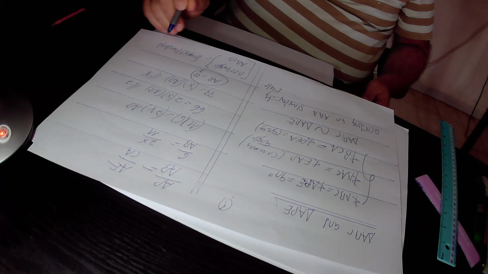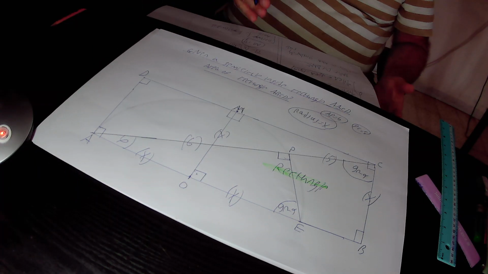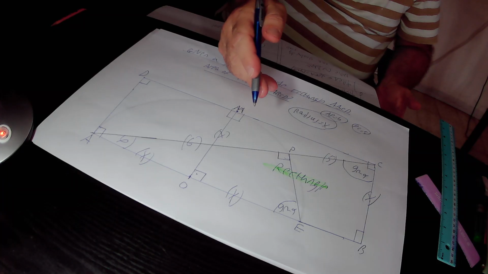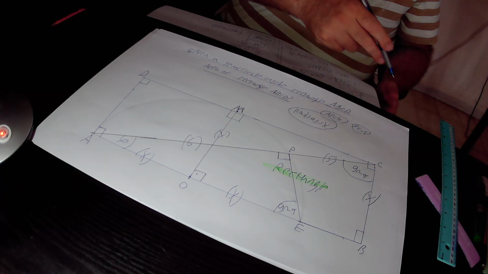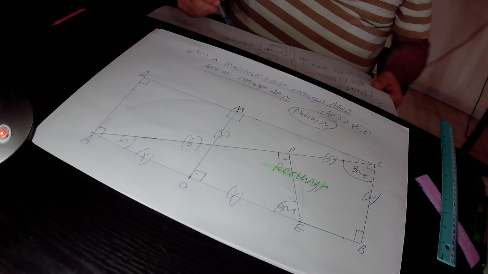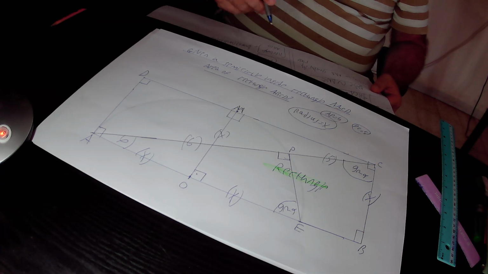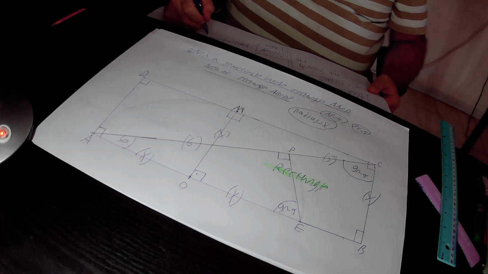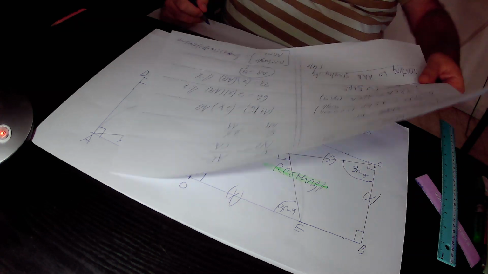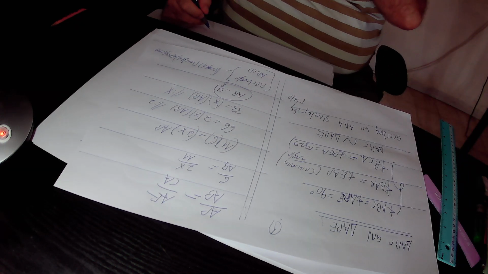And therefore, the area of this rectangle ABCD must be equal to the length times the width. The length is AB, and the width is CB. So in total, we found out that the area of rectangle ABCD equals AB times CB.